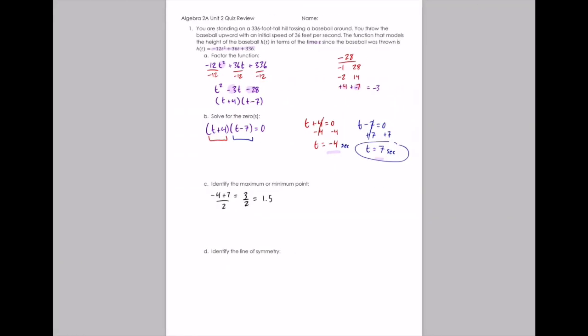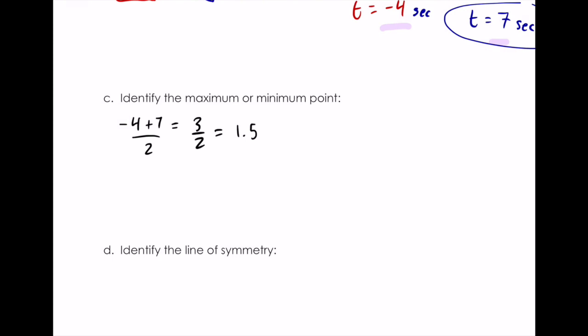Let's refer back to our problem. This means that it took 1.5 seconds for the ball to reach the maximum height.